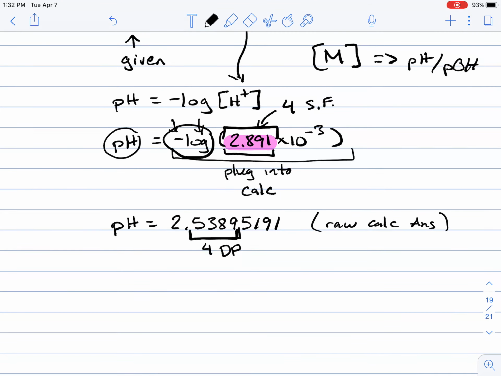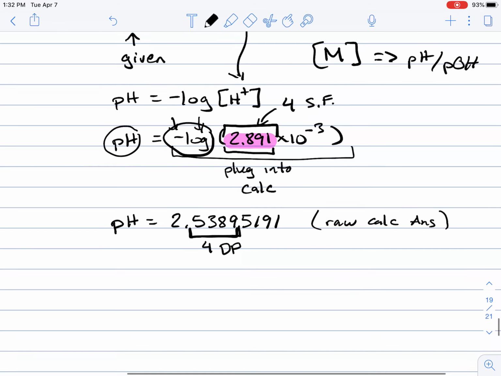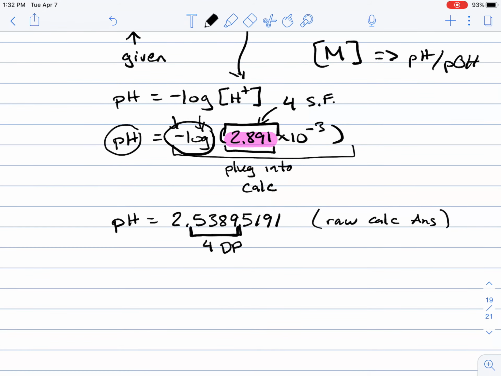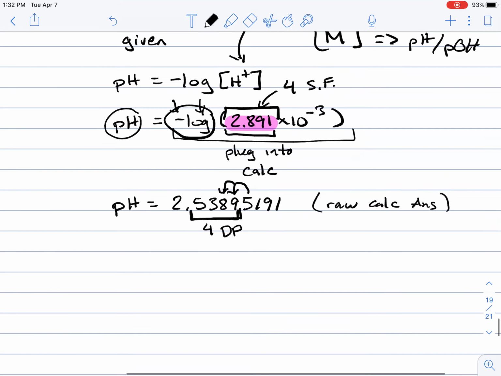Now, if I want to report 4 decimal places, I'm going to take this 5 and round it up, and that will also round that 8 up just because it's a 9. And so the pH is going to be 2.5390.